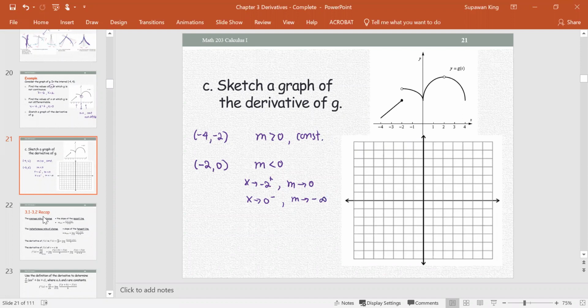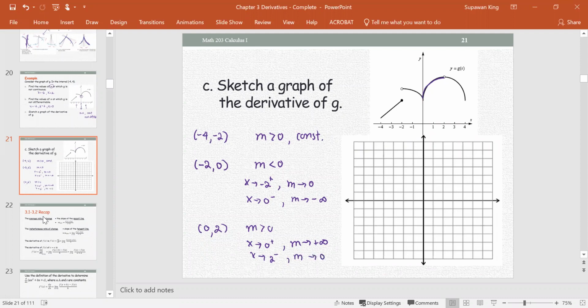The next portion, between 0 and 2, m is positive because the graph is rising. As x approaches 0 from the right, m approaches positive infinity. As x approaches 2 from the left, m approaches 0.